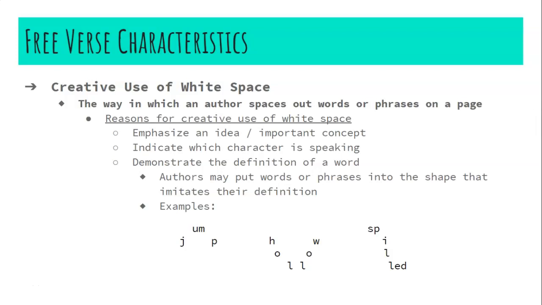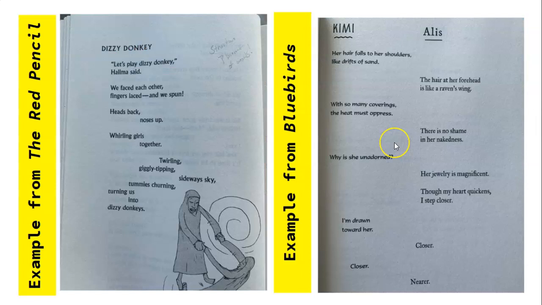So why might the authors play with that space on the page? It might be to emphasize an idea or an important concept. And that's kind of similar to what we talked about with the one poem that I showed you earlier. So to give you an example of that again, here you will see the word into, and that's on a line by itself.